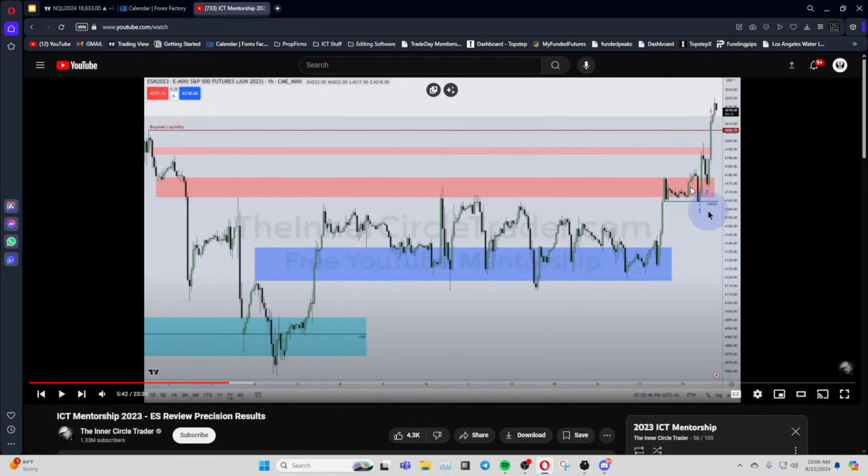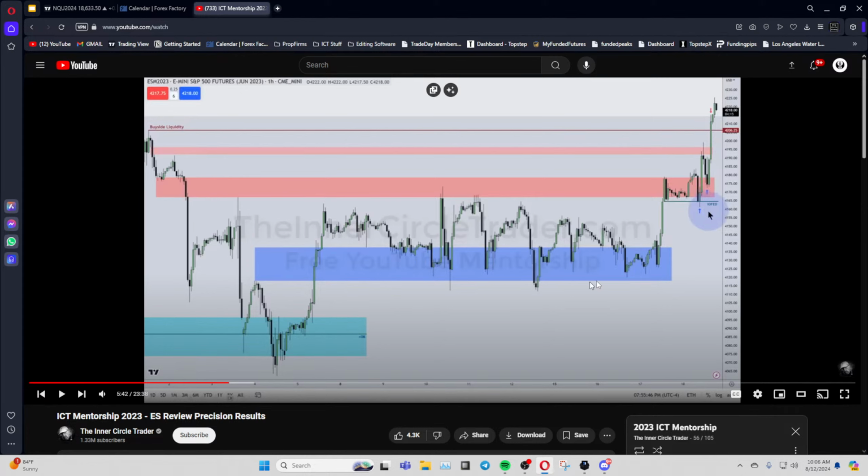Because what if we're getting long up here into this little small fair value gap and we have these stacked lows right below us? Well, we're going to get stopped out. Whereas if we simply wait for those manipulations to occur, we're more likely to catch a good move right here. And that's when we're going to see a reversal below liquidity when our opposing liquidity is our draw.